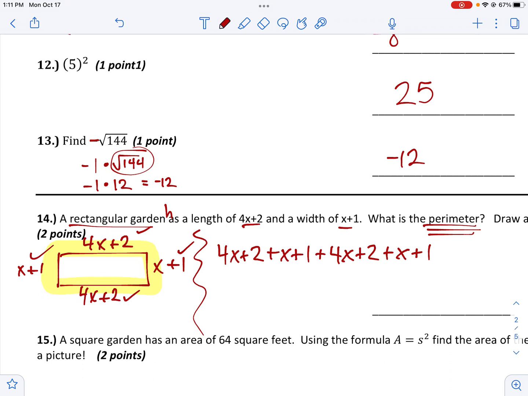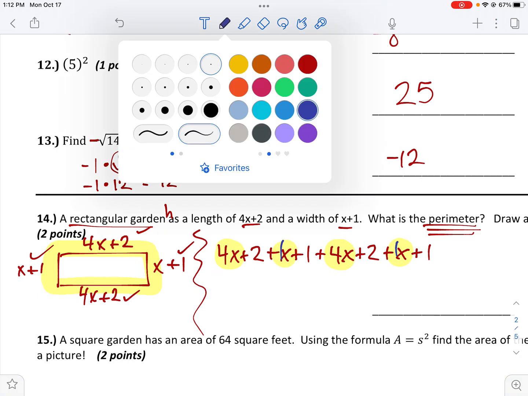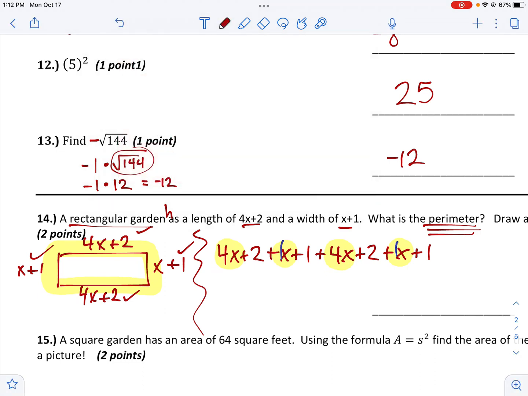Now I'm going to find my like terms. Remember, like terms have the same variable raised to the same power. So let's find my x terms first. If it helps, you can put a 1 in front of this x. So you know you're going to be adding 4 plus 1. So 4x plus 1x is 5x.